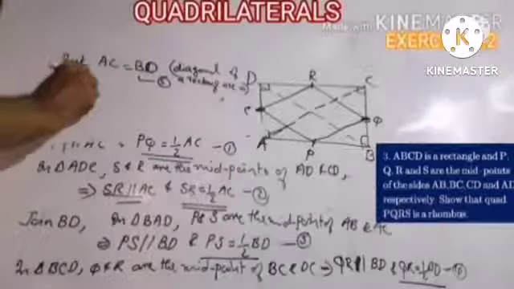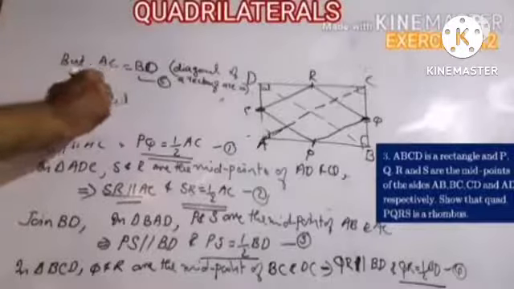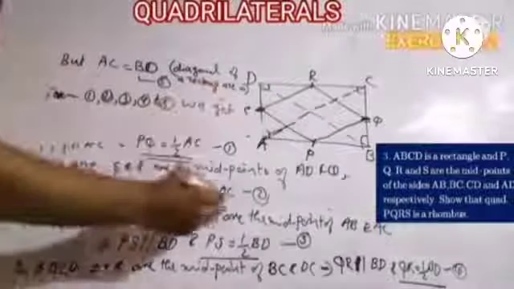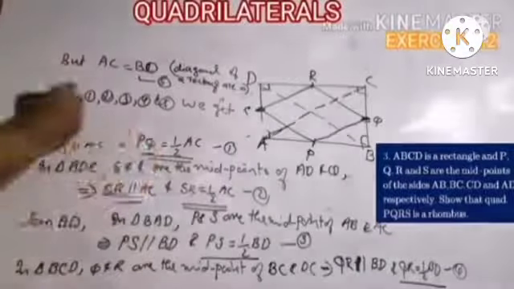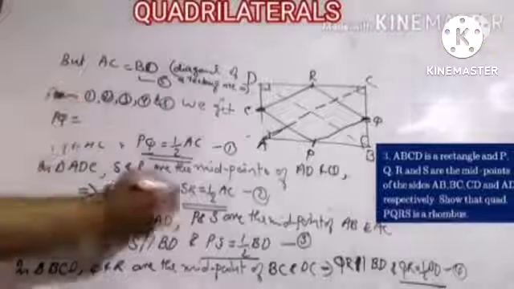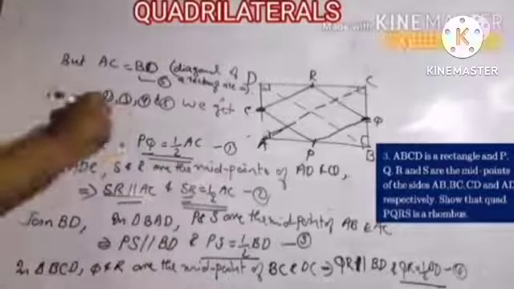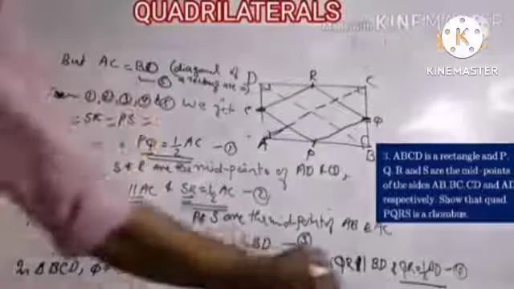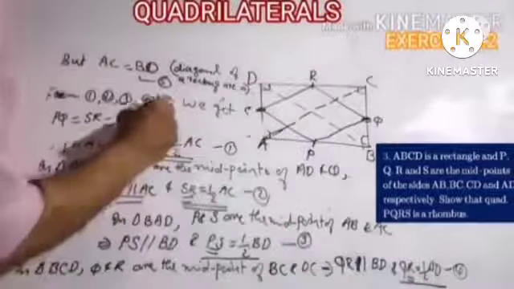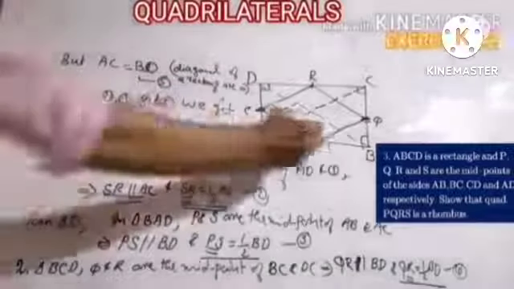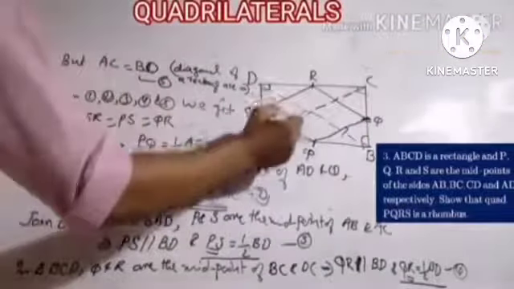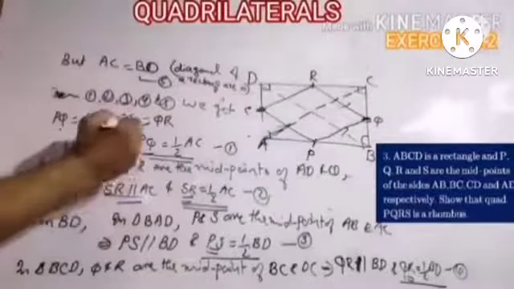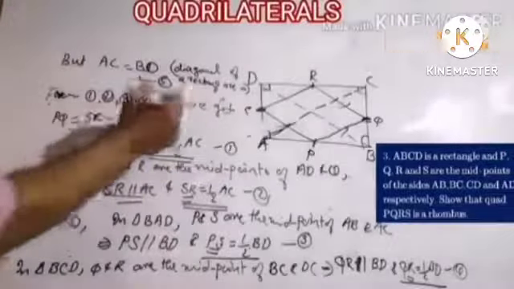So from 1, 2, 3, 4 and 5, we get all the sides: PQ, SR, PS, QR all equal.